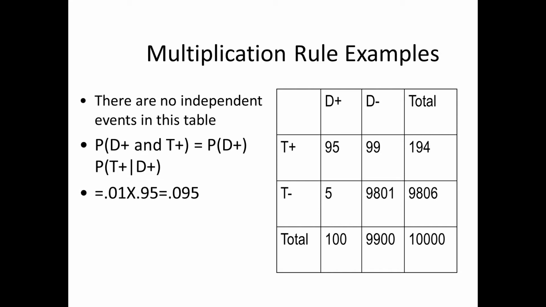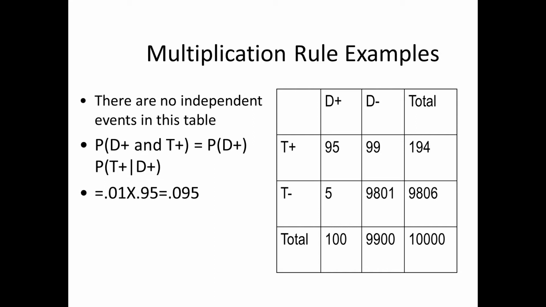When you complete that multiplication, you have the probability of being both disease positive and testing positive. That joint probability is 0.095. Now notice this. If we were fortunate enough to have a table like this, complete with all this information, we didn't have to go through that mathematics.